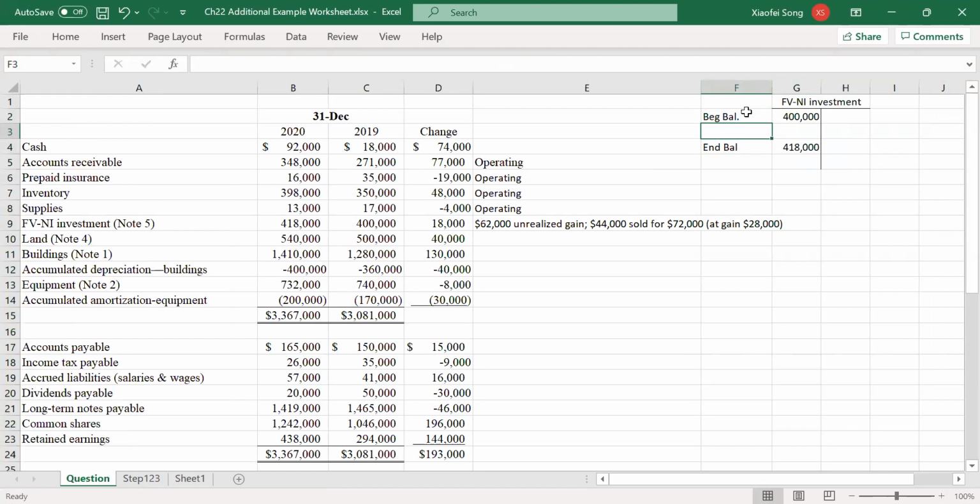And this will be the sales. We figured it should be 44,000. This is actually a plug. 62,000 is given. This is the unrealized gain.